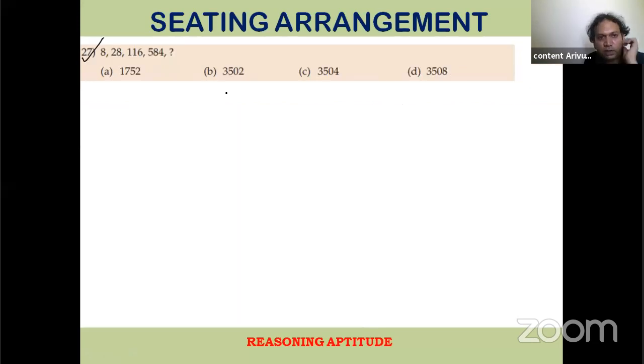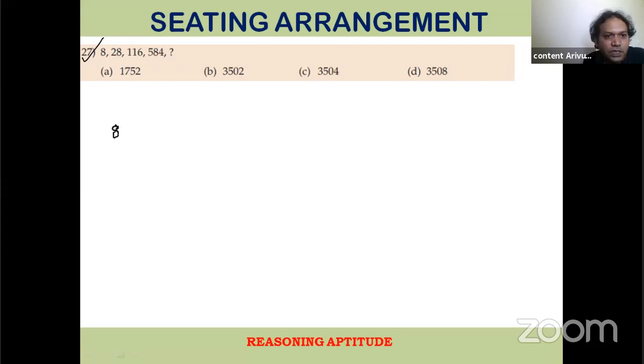Now let's look at question number 27. 8, 28, 116, 584, question mark. What is the correct answer for this question? What is the missing number here? 8, 28.